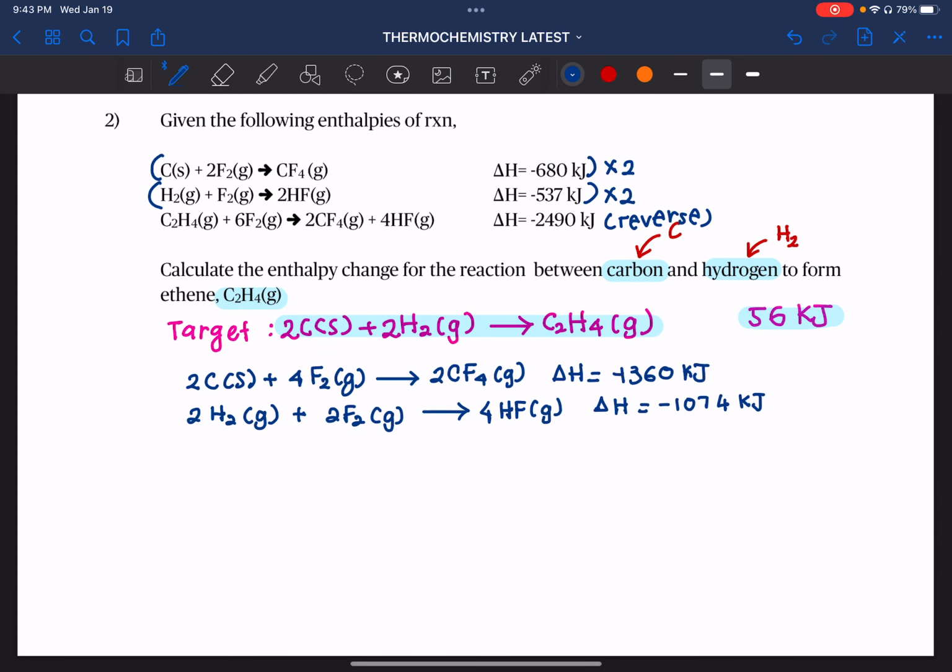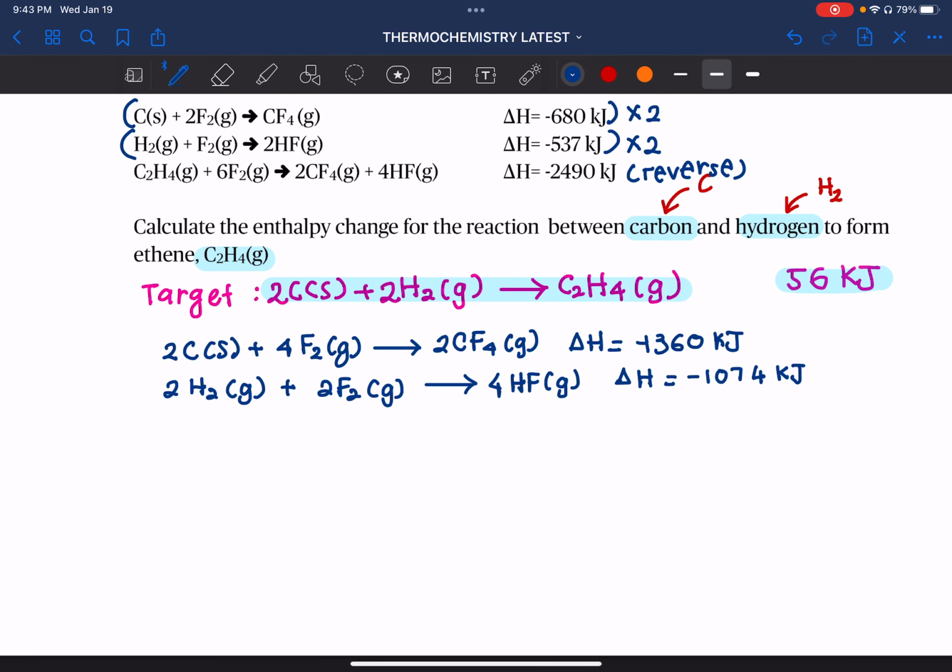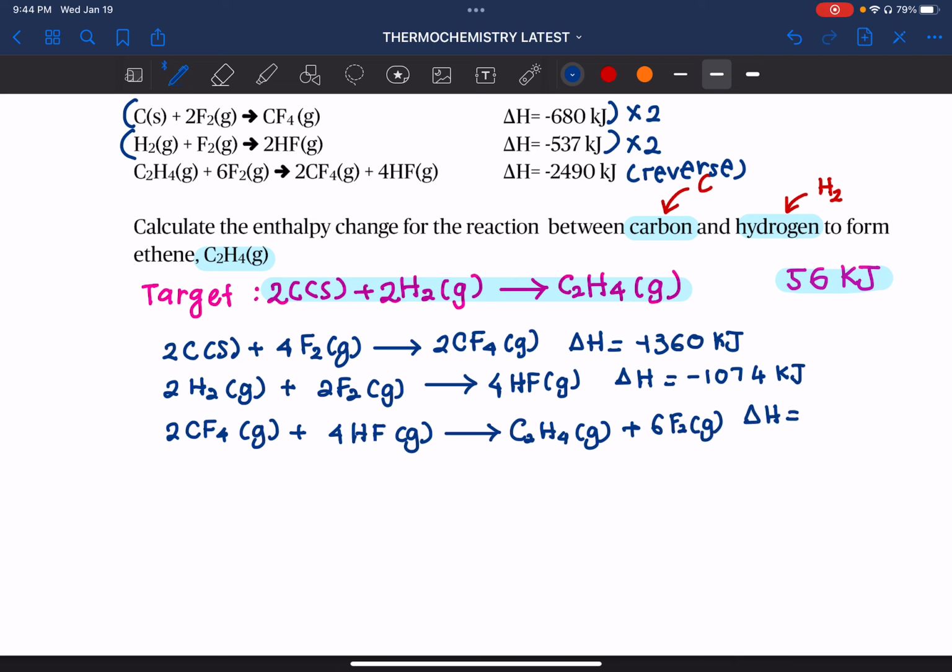Bila kita reverse, sign of enthalpy also reverse. 2CF4 plus 4HF gas equals C2H4 gas plus 6F2 gas. So delta H sama dengan, kita dah reverse sign positive 2497 kilojoule. Okay, done.